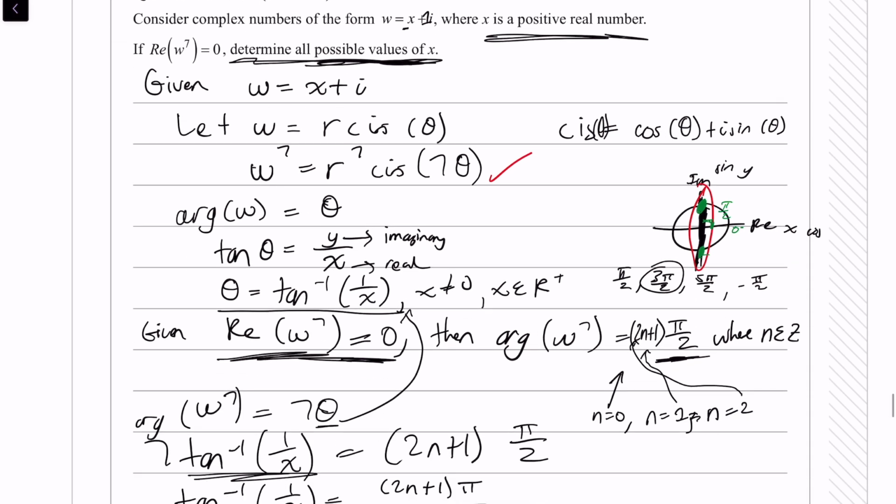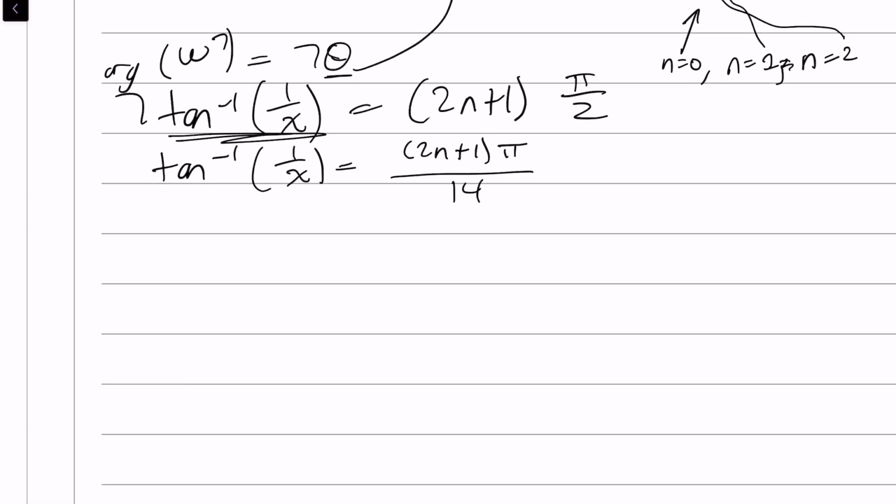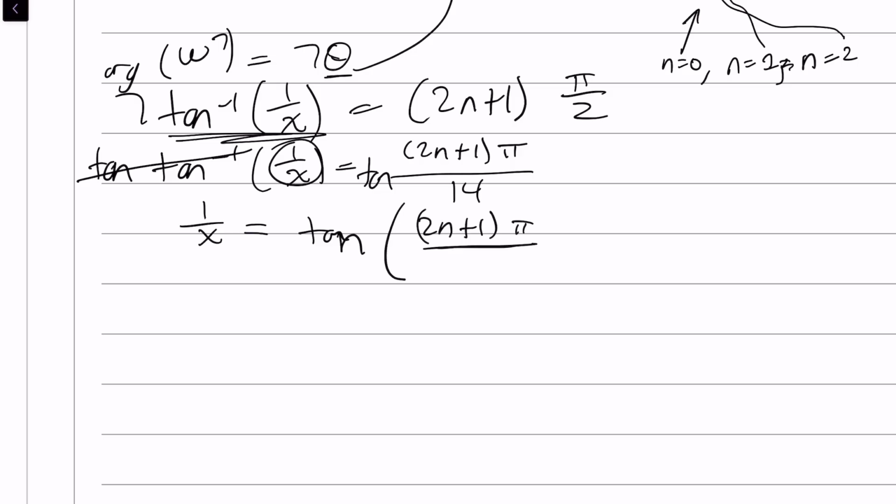The first way to do that is to get x on its own on one side of the equation. The opposite of tan inverse is just tan. So taking tan of both sides will cancel that out. So 1 over x is equal to tan of (2n plus 1) times pi over 14.